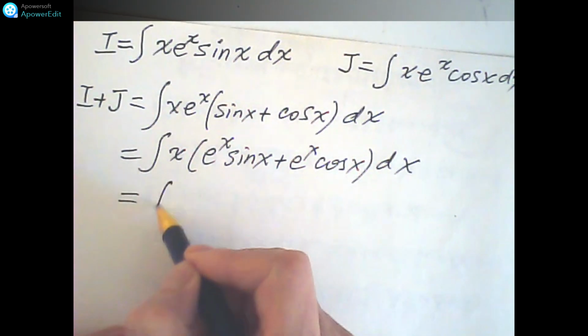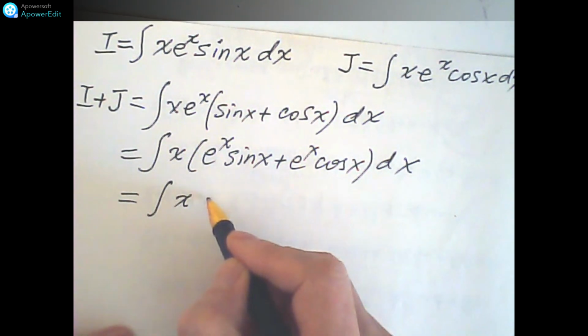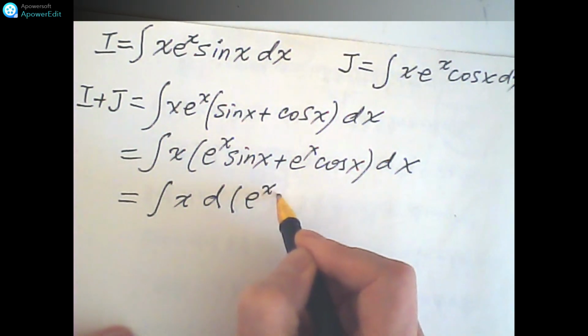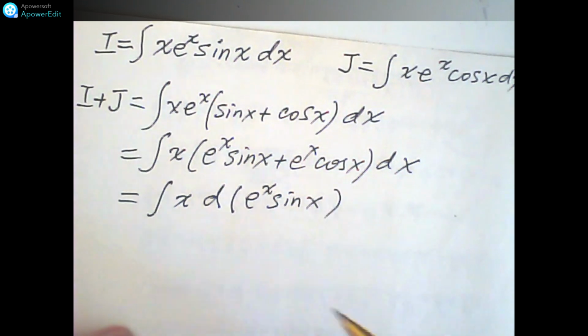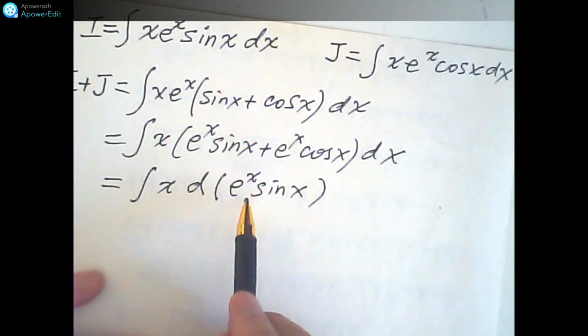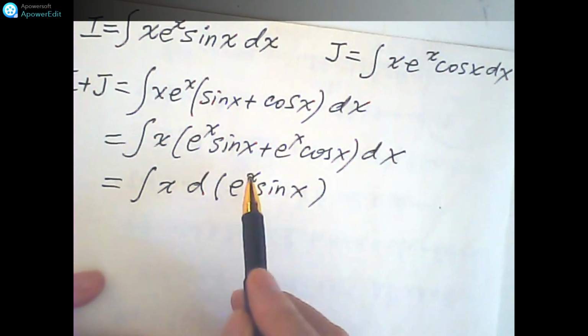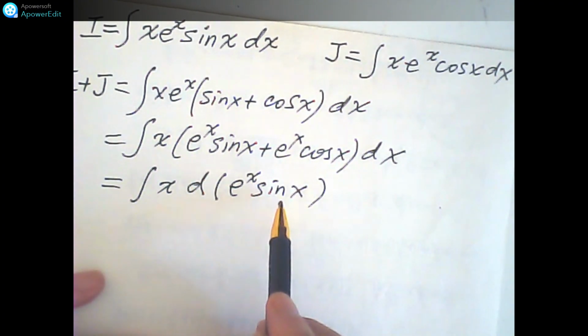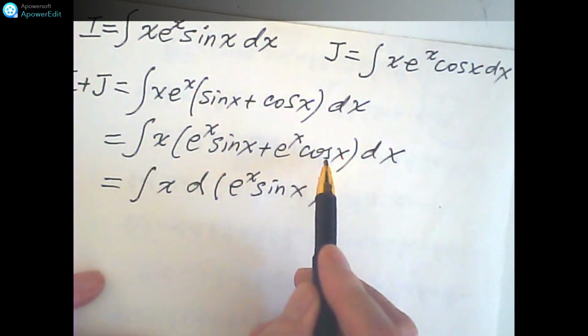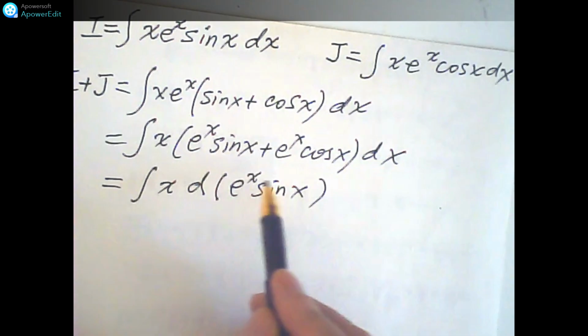So this one is equal to x d(e^x sine x). Well, this derivative is e to the x times sine x plus this one times this derivative, which is cosine. So this is equal to that.